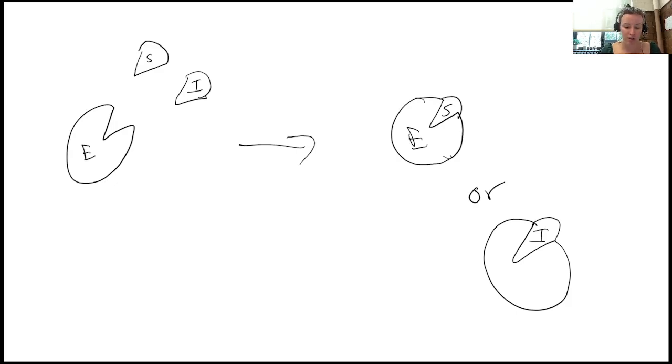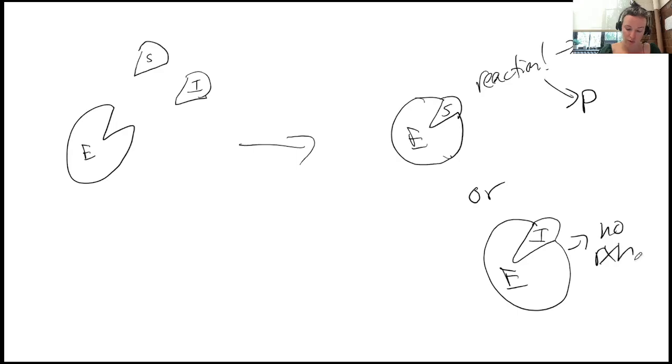When it is bound to substrate, we have a reaction and we can produce product. I'm sorry, this arrow is pointing to product. But when the enzyme is bound to inhibitor, there is no reaction that happens.